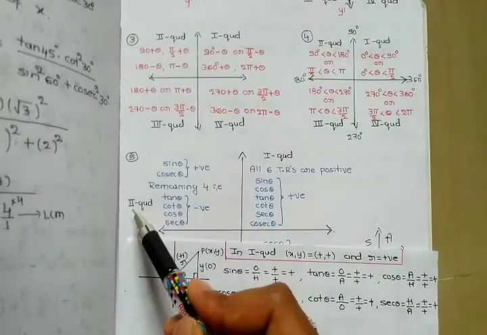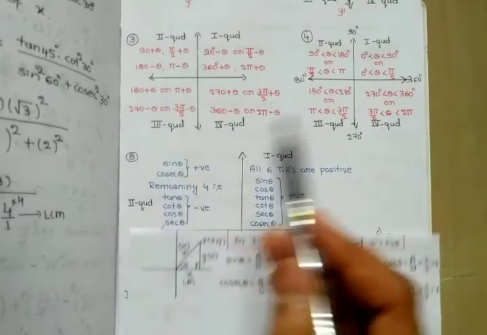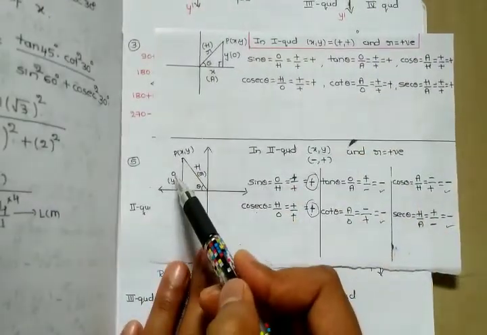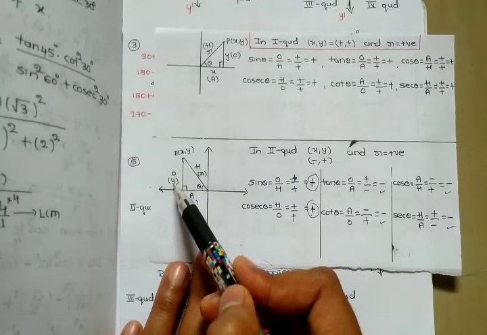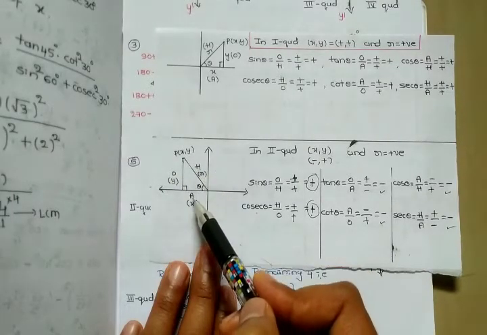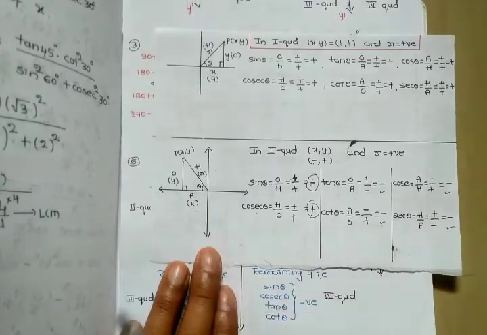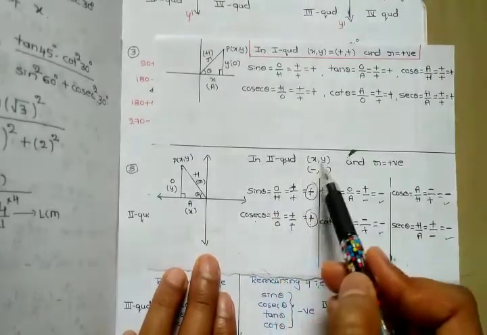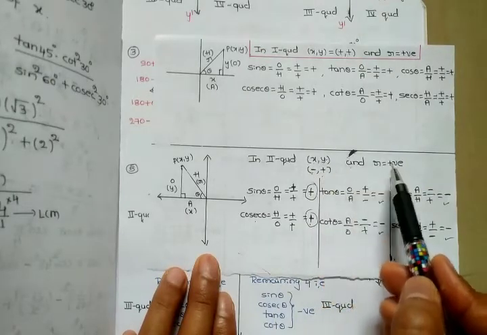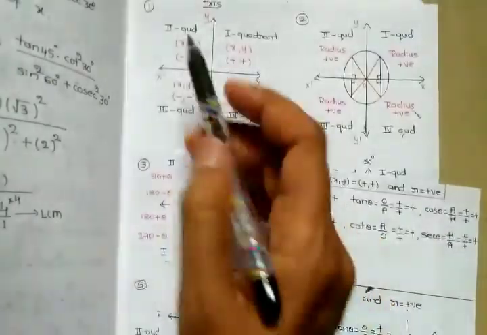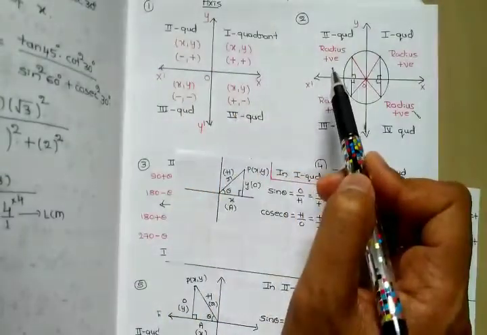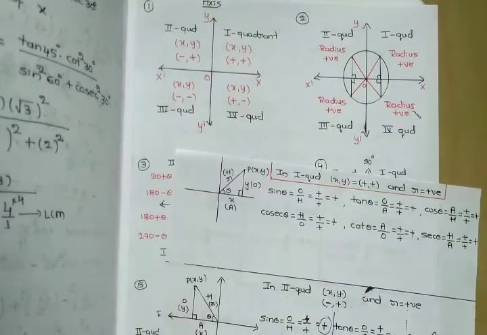Next, if I come to the second quadrant and draw the right angle triangle, this is the opposite side, that is y, this is the hypotenuse side, that is r, and this is the adjacent side, that is x. So you know in the second quadrant x is negative, y is positive, and the radius remains positive.